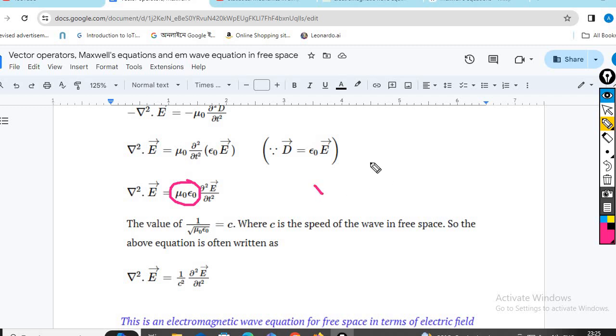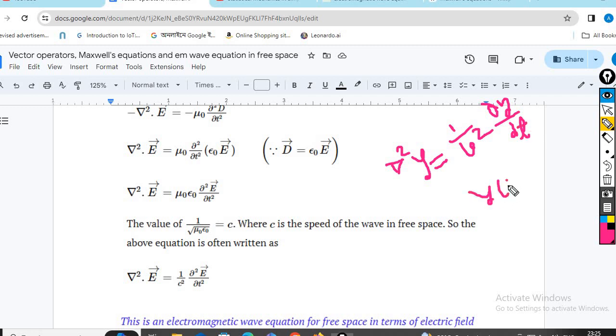One can write, let me just write in this form, del square y is equal to 1 by v square d2y by dt square, where y is a function of position x and time.